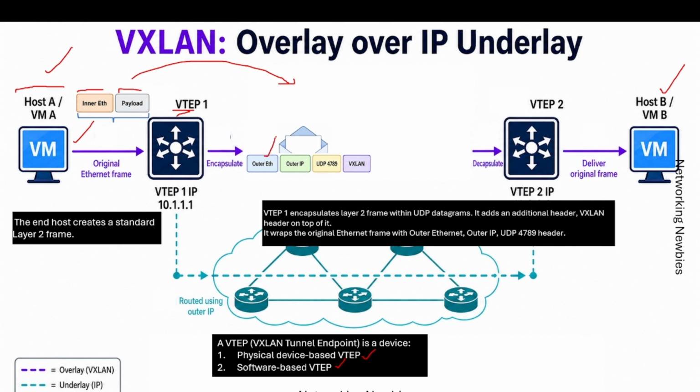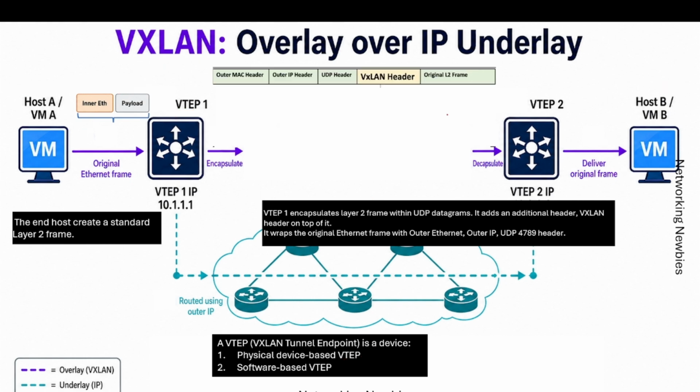You can see we have the outer Ethernet and the outer IP addresses, and this encapsulates the frame in UDP, using port 4789 as per the standard, and then we also have the VXLAN header. This is something additional which is used for encapsulating this frame so that it can be sent to a machine that is maybe somewhere else, not directly connected with this virtual machine.